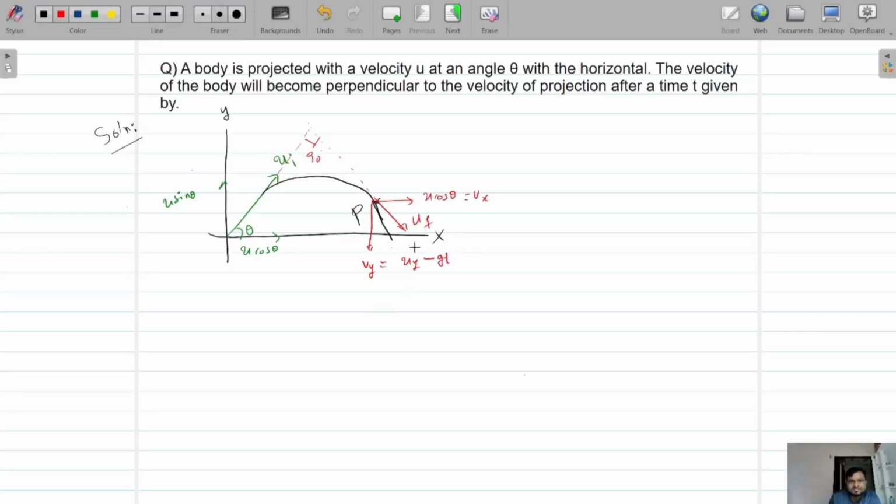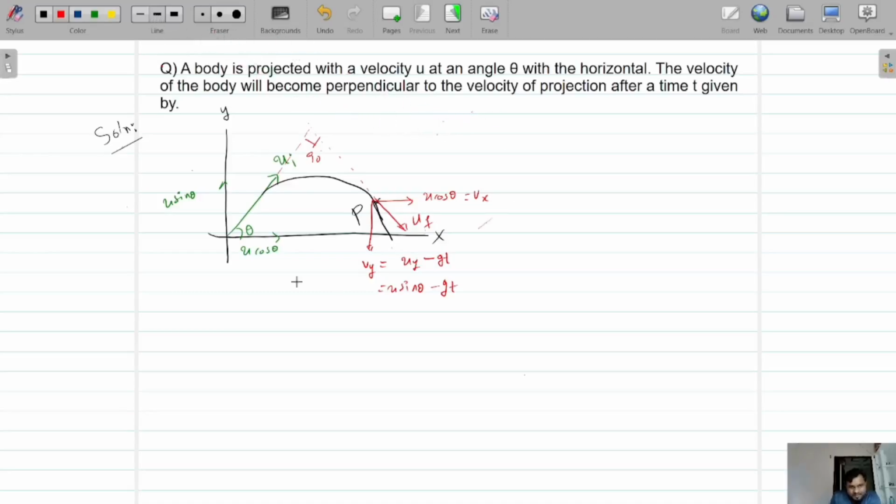Why? Because v is equal to u plus at. Along the y-axis, v is equal to u sin theta minus the acceleration due to gravity, minus g into t. Understand?